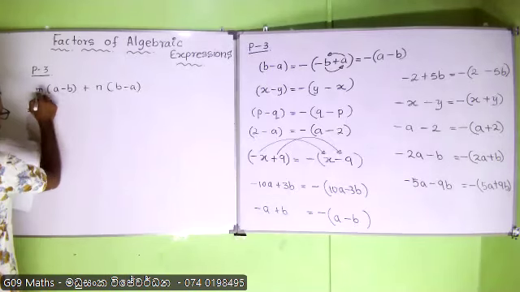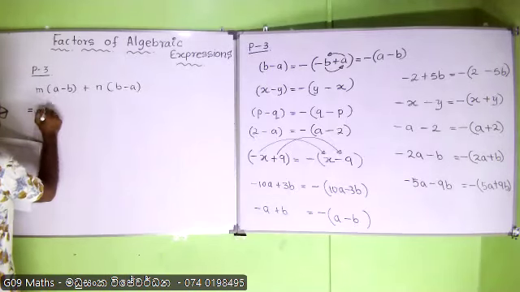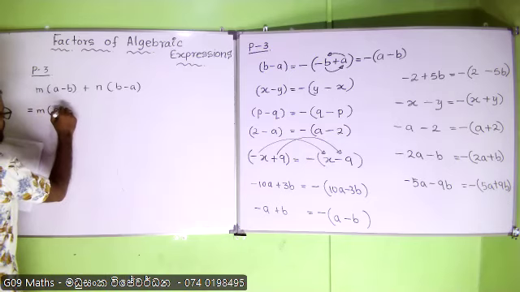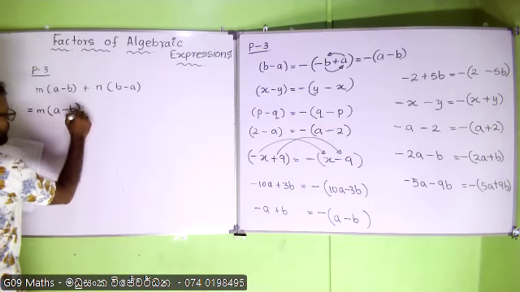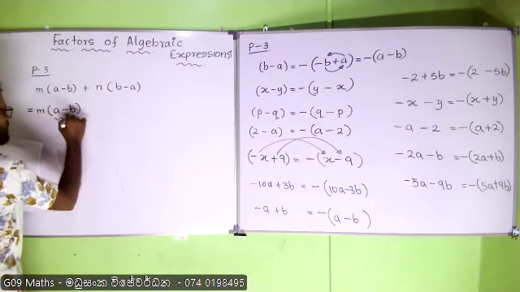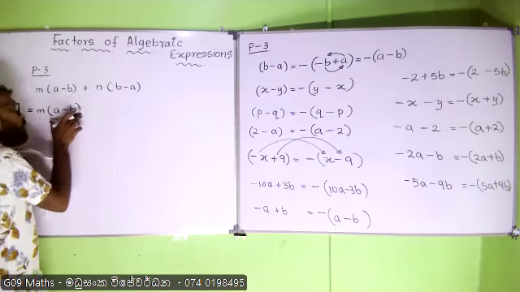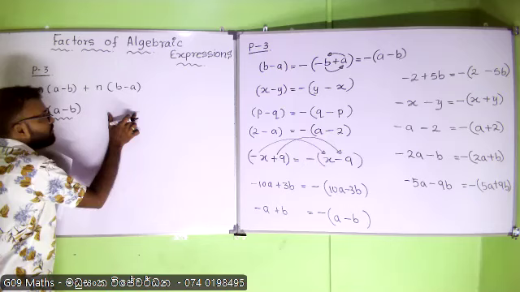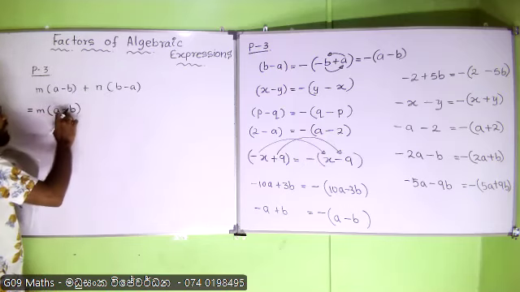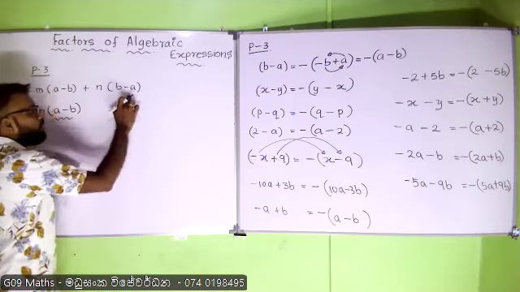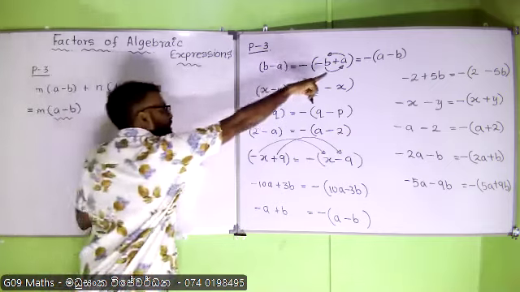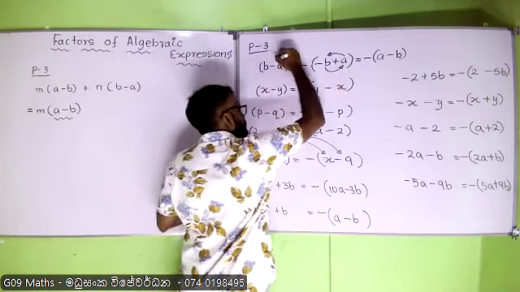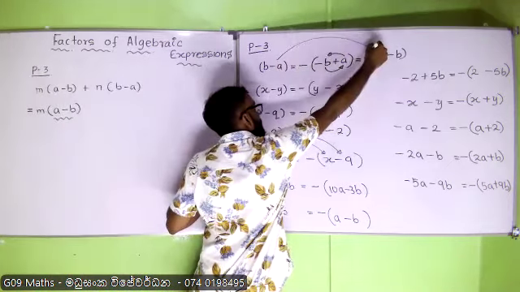Equal mark. m(a minus b). So I have a minus b here. I am going to take a minus b here as well. I can write a minus b instead of b minus a by taking the negative sign out. I can arrange that.